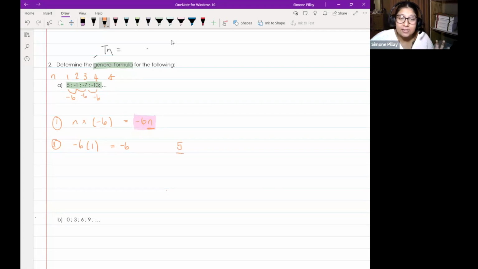But right now, this formula is giving me -6. Are you seeing that? So what do I have to do to get from -6 to 5? I have to add or subtract something. What am I doing?